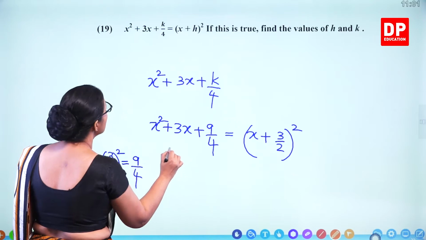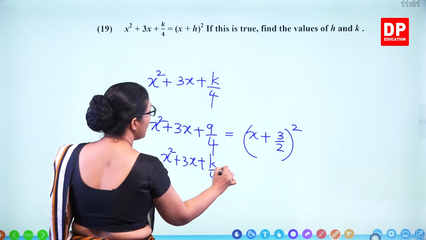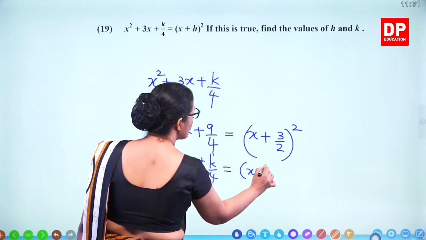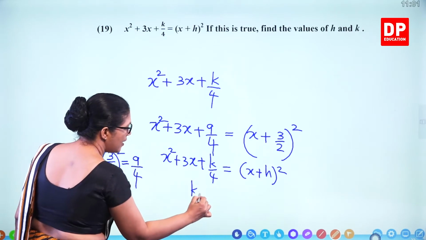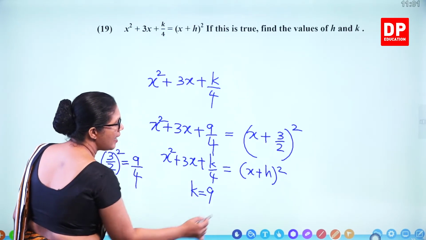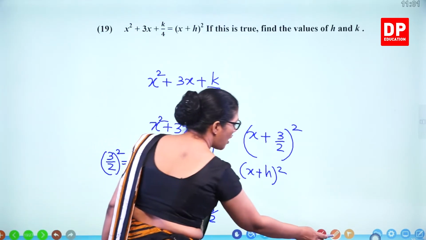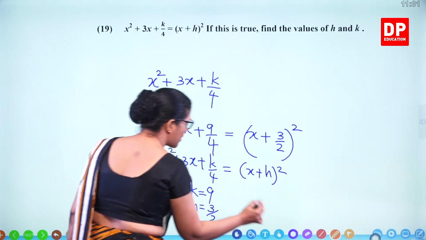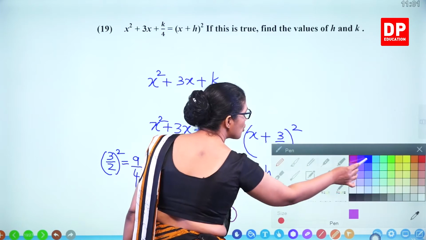This is given: x squared plus 3x plus k over 4 equals (x plus h) squared. Now what's k? K should be equal to 9 and h is 3 over 2. So these are the 2 answers. You get 1 mark for finding k and 1 mark for finding h.